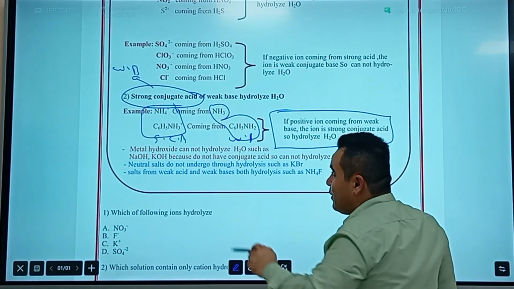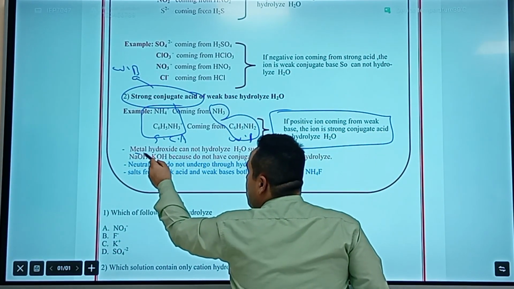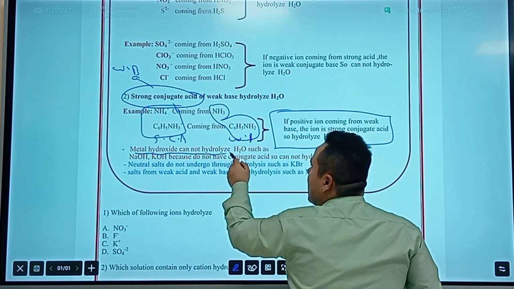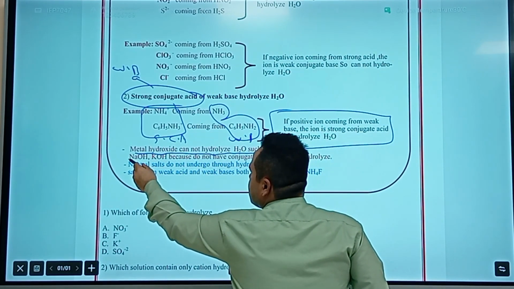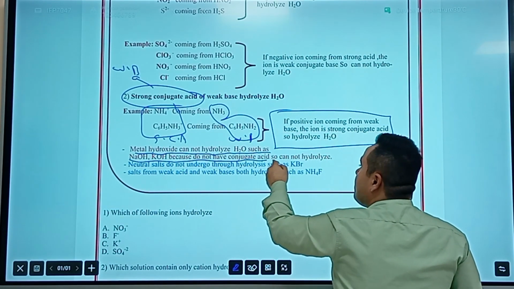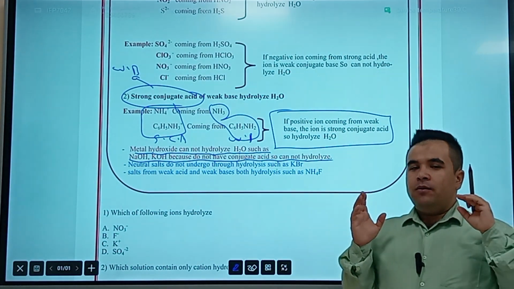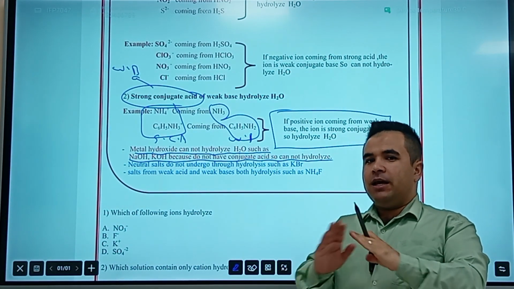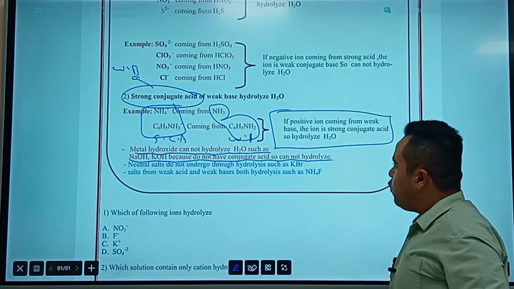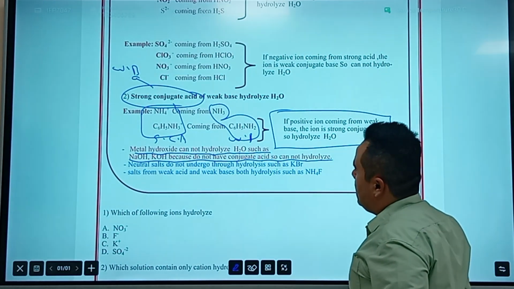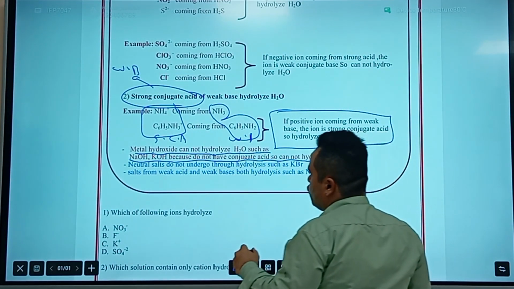But guys, we have some more notes here. Metal hydroxides cannot hydrolyze with H2O, such as NaOH, KOH, because they do not have a conjugate acid. Keep in mind, the metal hydroxides cannot hydrolyze with water.